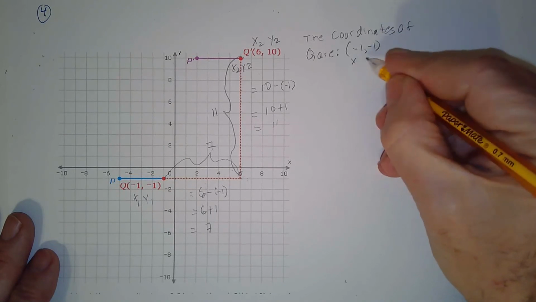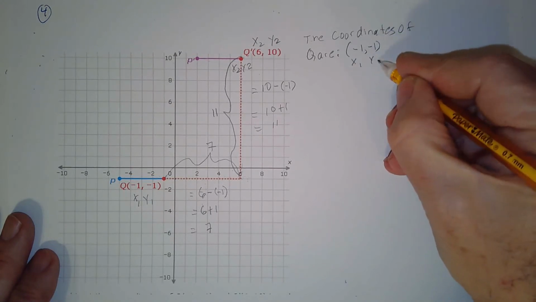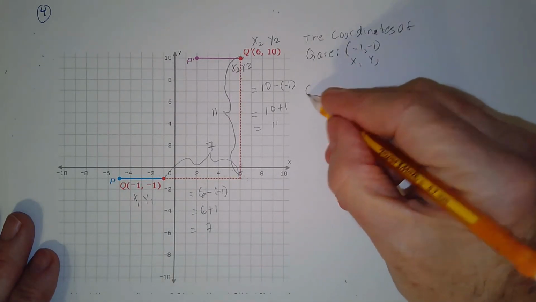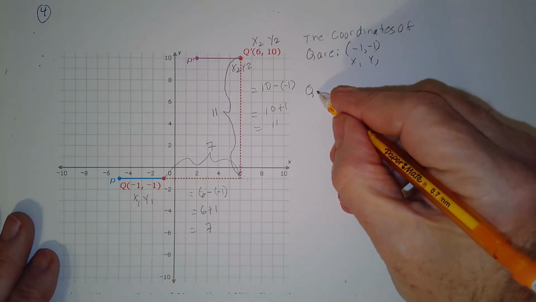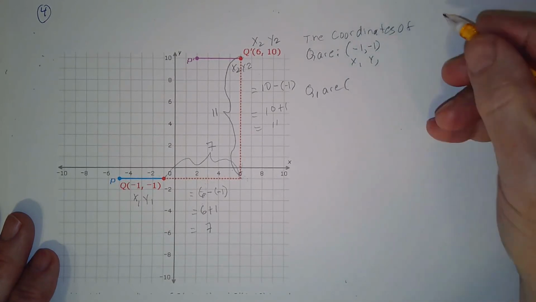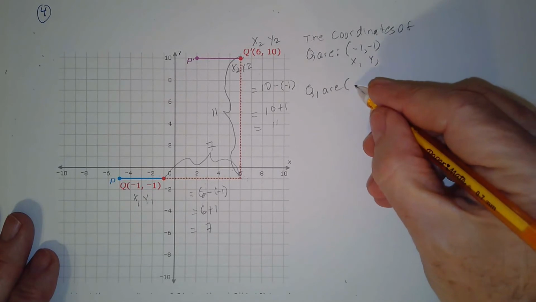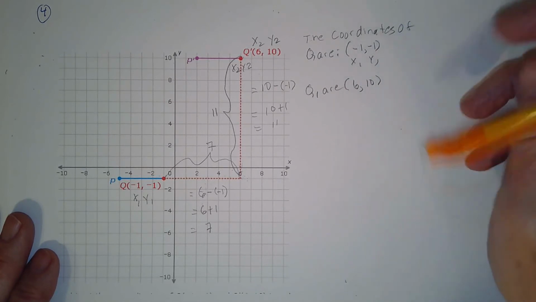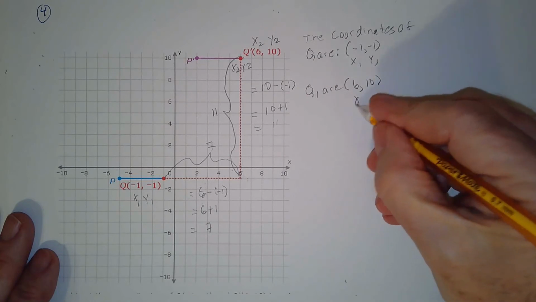So that's our x1, y1. And Q prime is 6, 10. And so that's x2, y2.